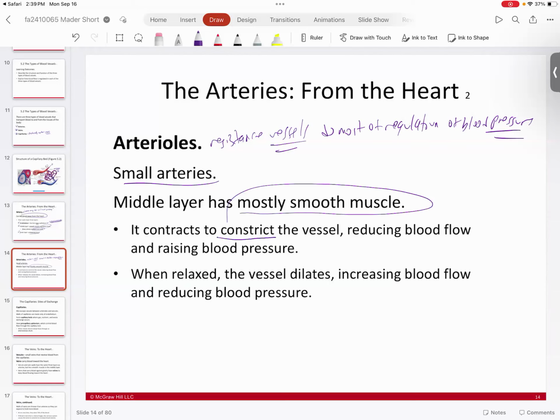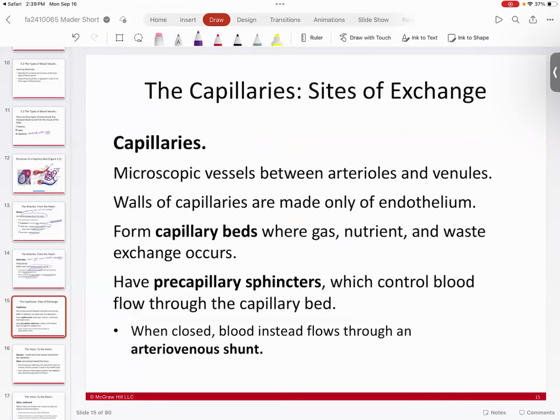But these are the ones that are constricting blood vessels. That narrows the blood vessel, which reduces blood flow but increases blood pressure. And then they can also dilate, what's called vasodilation, which increases the blood flow but reduces the pressure. So they can manipulate and regulate blood pressure with these arterioles. That's the reason why we call them the resistance vessels. When your body is regulating blood pressure, it's typically the arterioles that it's dilating and contracting in order to control your blood pressure.